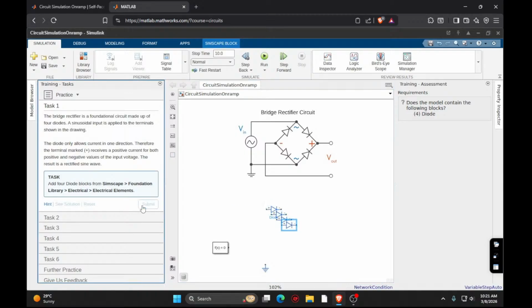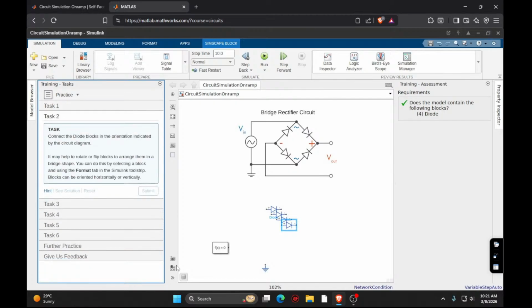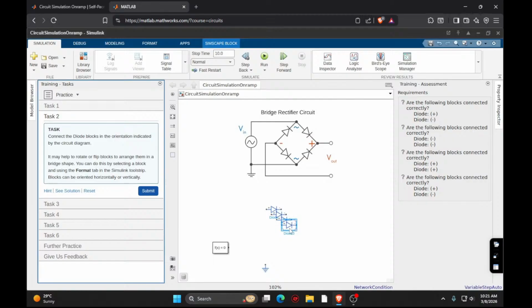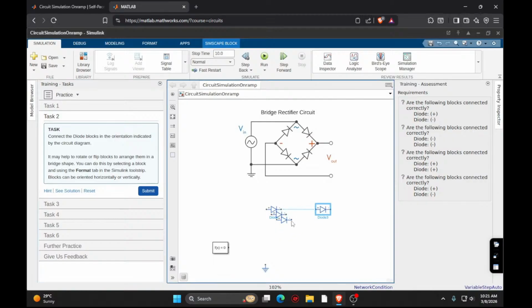Next, connect the diode blocks in the orientation indicated by the circuit diagram. Okay, so I have to connect this diode to this. Then we have to connect two negative faces and two positive faces.